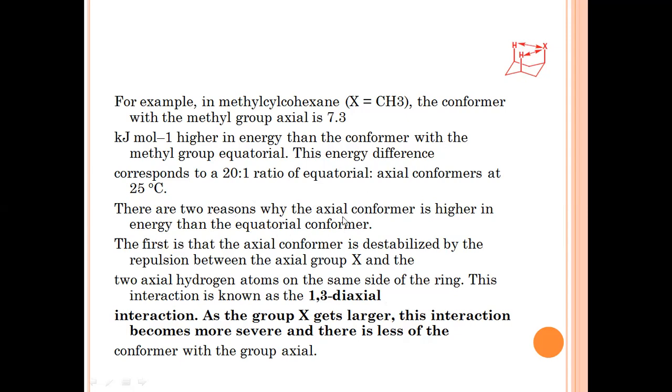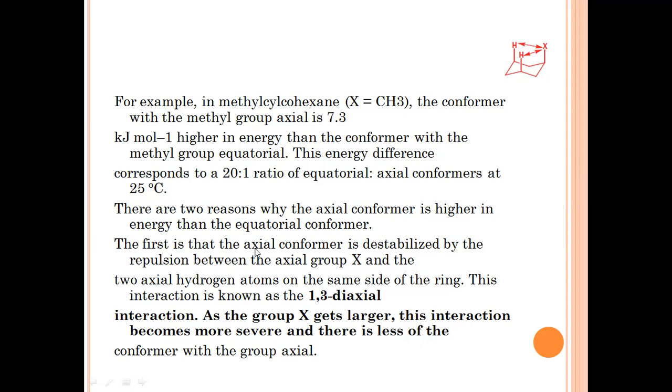The first reason is that the axial conformer is destabilized by the repulsion between the axial groups. In the diagram in front of you, these are the two axial hydrogen atoms, and this is the substituent, that is methyl. So there is always repulsion between these axial hydrogens as well as the substituent. These two axial hydrogen atoms are on the same side of the ring.